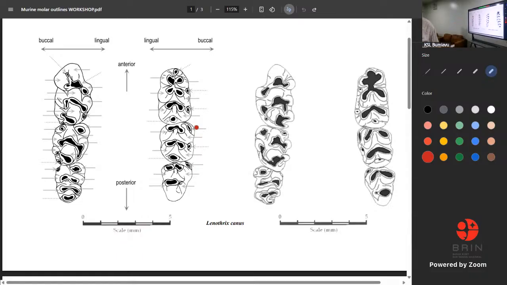The same species. I just flipped that one over, it's made it a little bit more complicated than it has to be, I should have changed it.